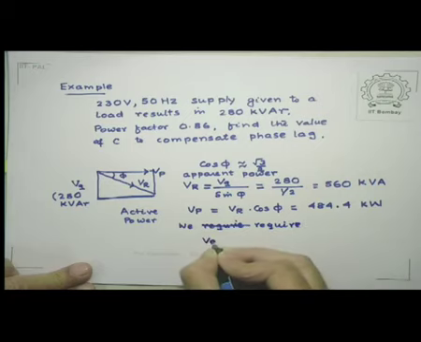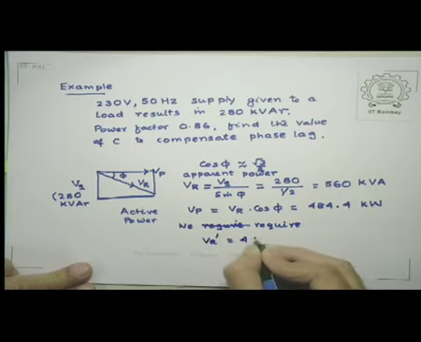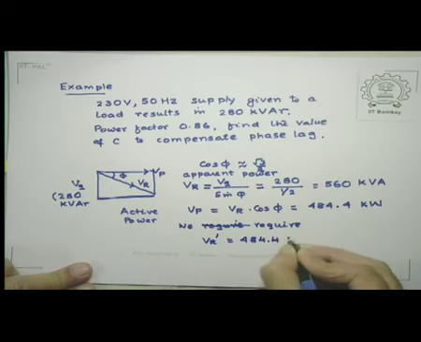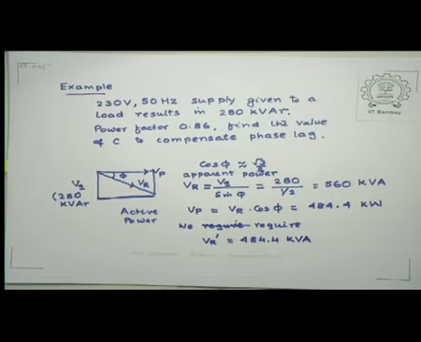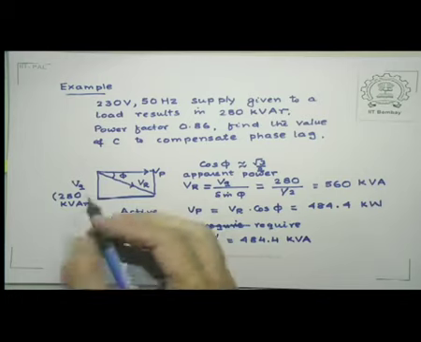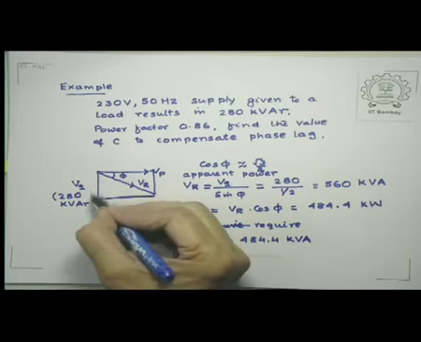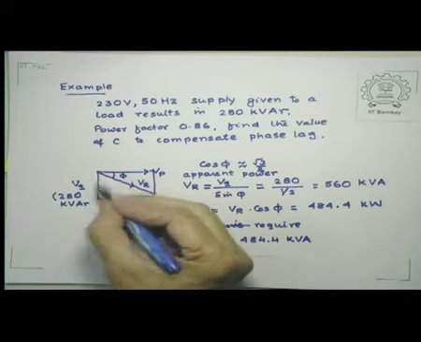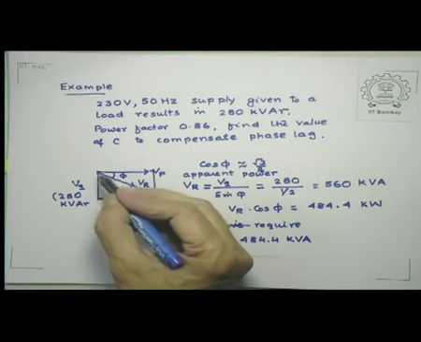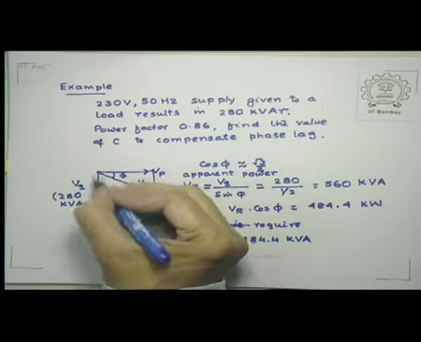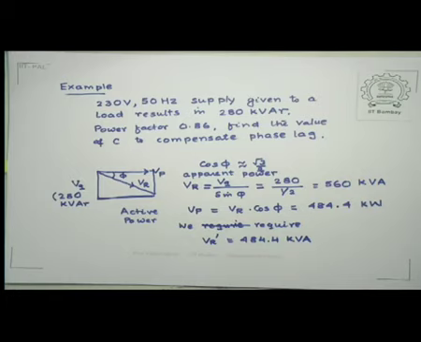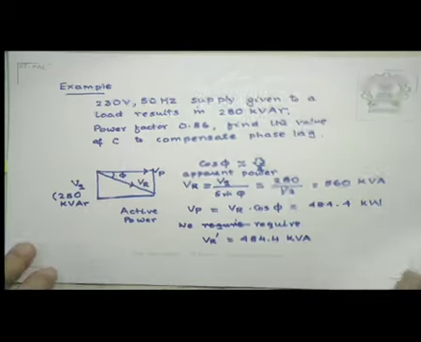Let's call it VR prime, equal to 484.4 kVA. Now clearly this implies that my compensation should be such that the capacitive reactance gives me a reactive power which is obviously in the reverse direction, and that Vq prime must be equal to 280 kilovolt ampere reactive.